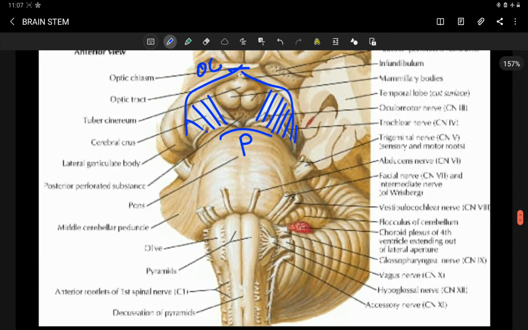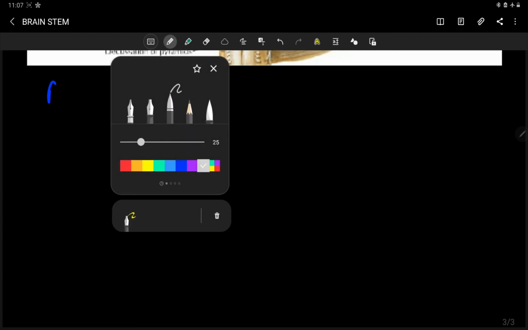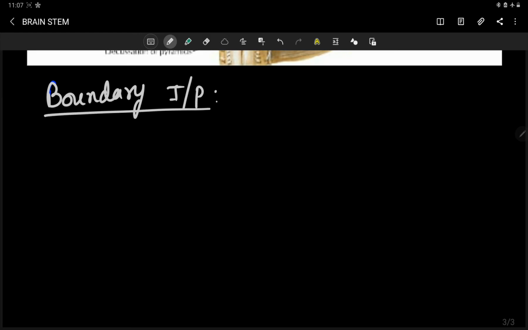And now the content of the interpeduncular fossa. So first I am writing the boundary. The boundary of the interpeduncular fossa: in between two cerebral peduncles, that's why it is called interpeduncular fossa. Anteriorly it is bounded by the optic chiasma.